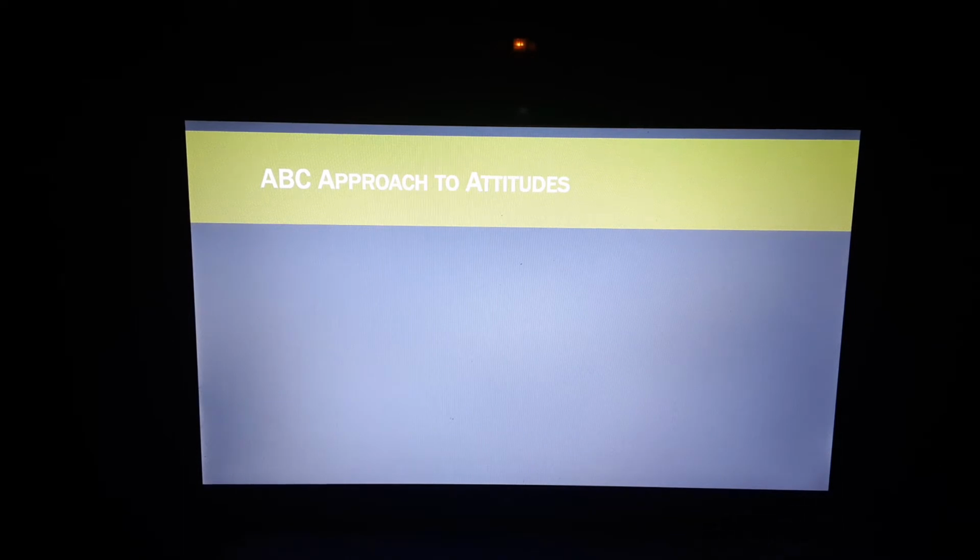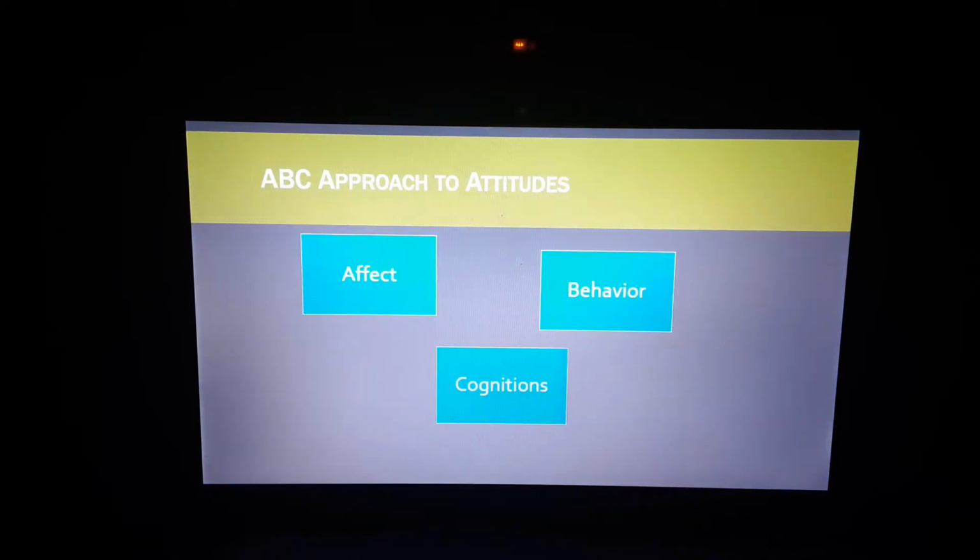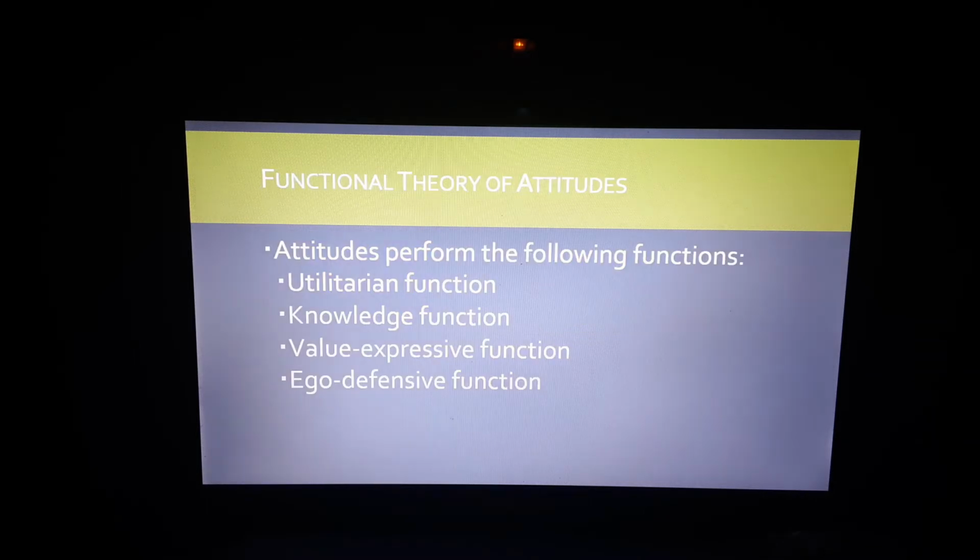There's the ABC approach to attitudes: affect, behavior, and cognitions or thoughts. There's also a functional theory of attitudes. Attitudes perform the following functions: utilitarian function, knowledge function, value expressive, and ego defensive. What does that mean?